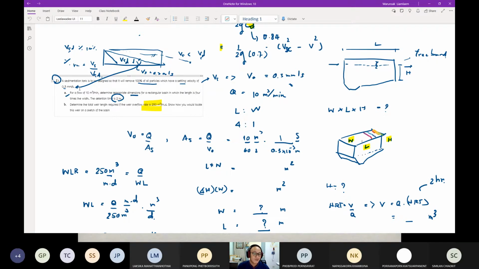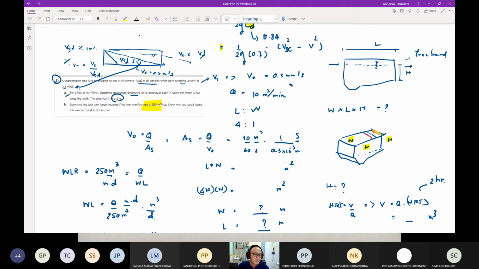It means that this information tries to tell you that this sedimentation tank is designed to remove the particles which have a settling velocity of 0.3 millimeters per second. Those with smaller settling velocities will not be 100% removed.